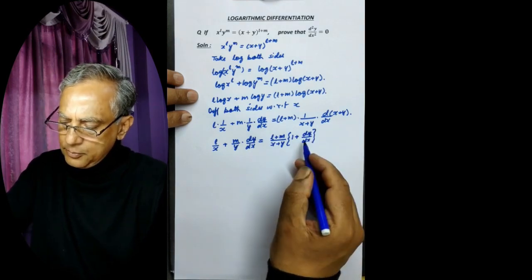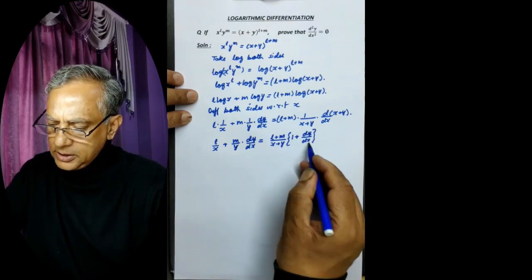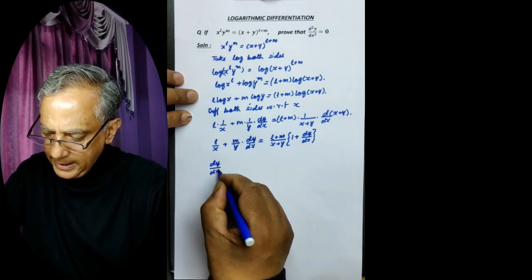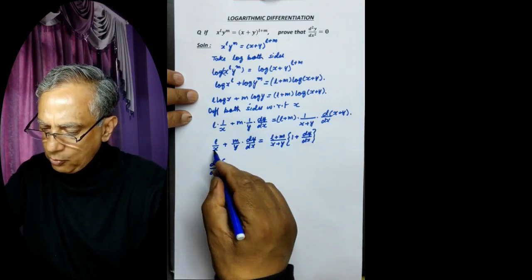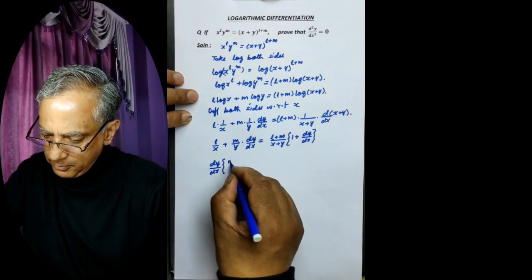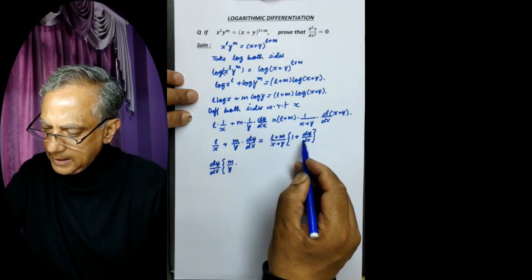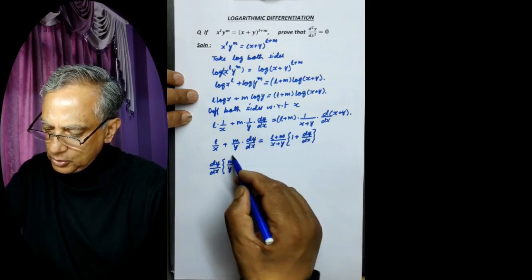Now collect terms having dy by dx on one side. What we get is dy by dx into the term involving dy by dx. This is m by y, and the other term involving dy by dx is L plus m over x plus y, take this to the other side.